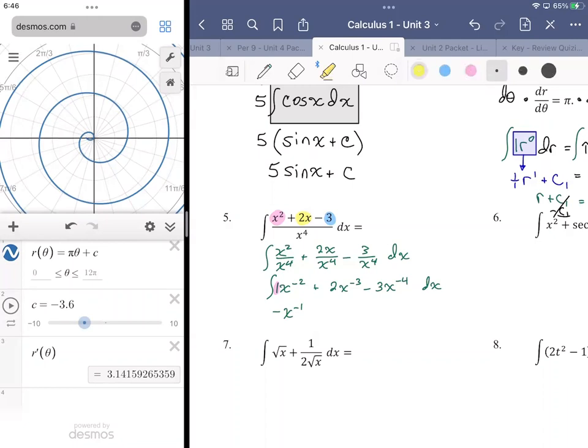Increase the -3 by 1, I get a -2. Divide this by a -2, I get my new coefficient, which is another -1. So -x to the -2nd. The -4, add 1 to it, you get a -3. Divide this coefficient by that -3, and I get plus x to the -3rd power, all plus c at the end.